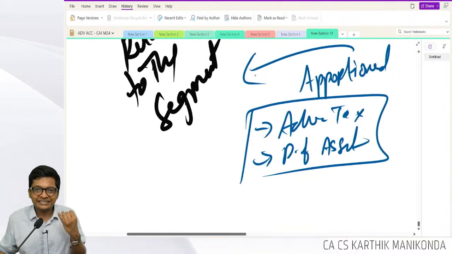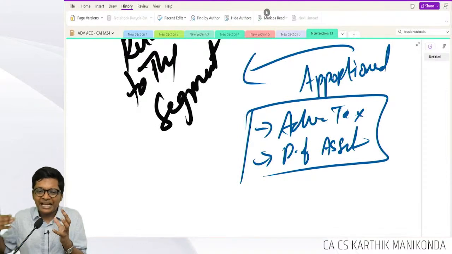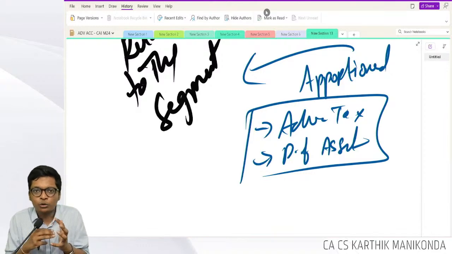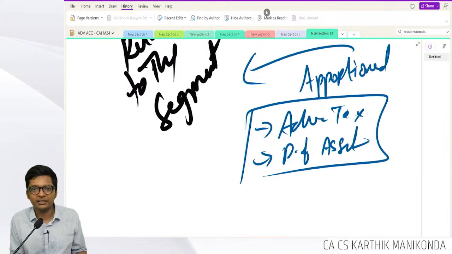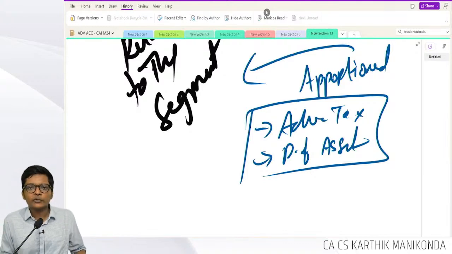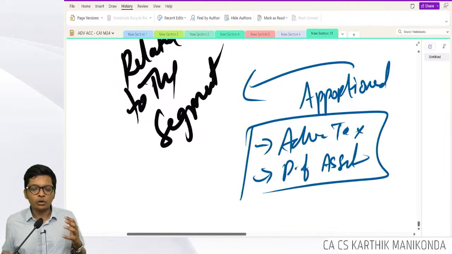Advance tax, deferred tax, certain assets like prepaid expenses which cannot be allocated to one particular segment should be removed from the overall thing, and then on the balance only we will apply the percentage.